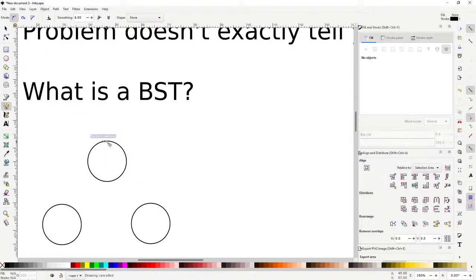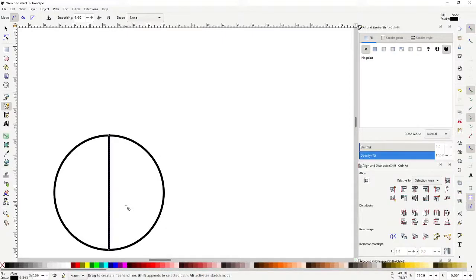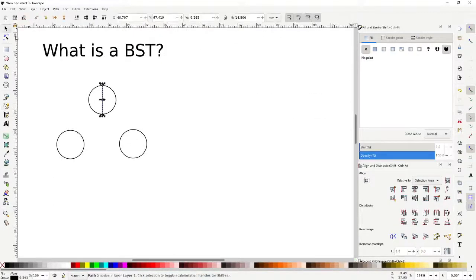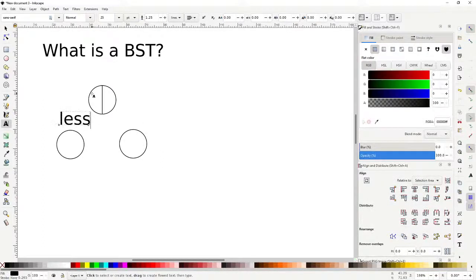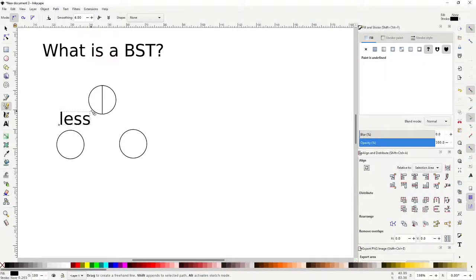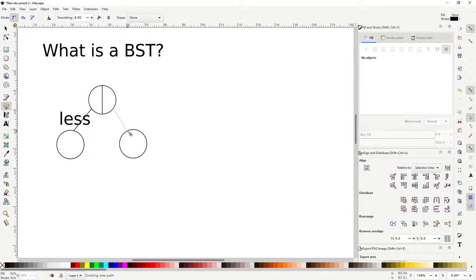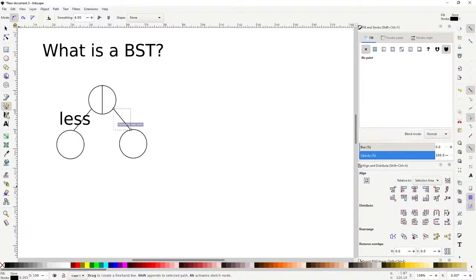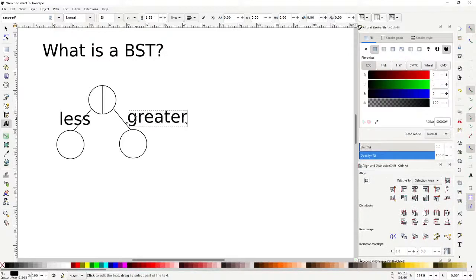All things that are less go to the left, and all things that are greater go to the right. So that part we know.